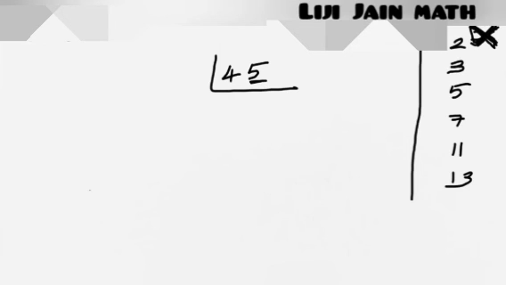Now, what do we have to do? Yes, now we have to move on to the next prime number 3. Can we divide 45 by 3? How do we find out whether 45 is divisible by 3 or not? What is the rule of divisibility by 3? The sum of the digits should be divisible by 3.